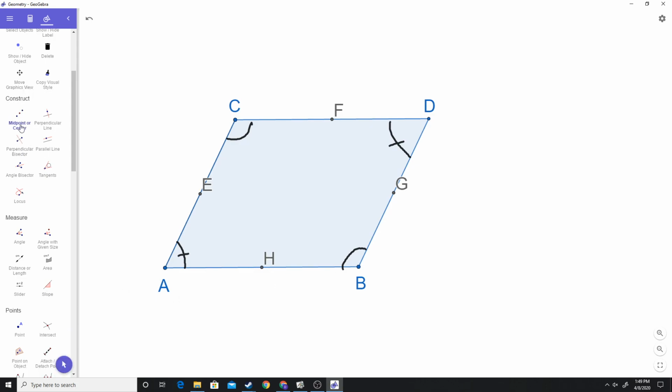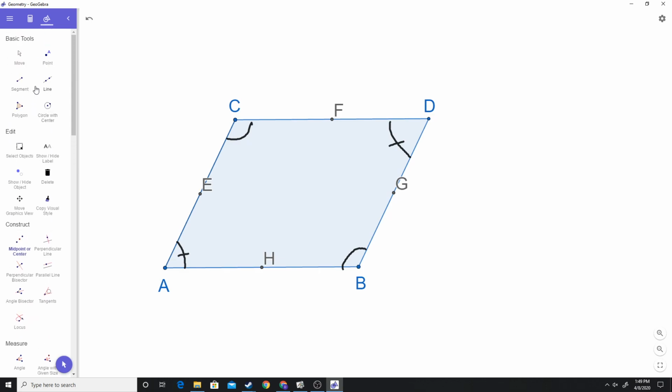Now we want to connect the midpoints together. So E, F, G, H. Now it looks like a rectangle. Now we just have to prove that it is. So how can we go about doing that?